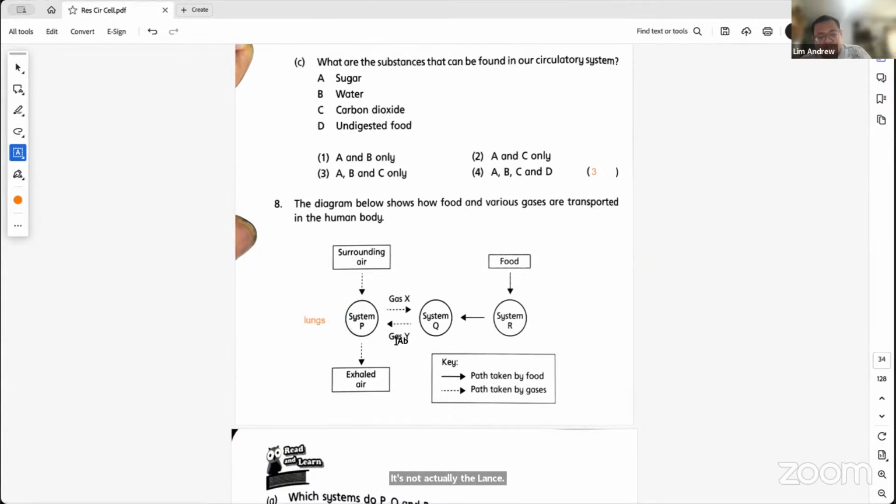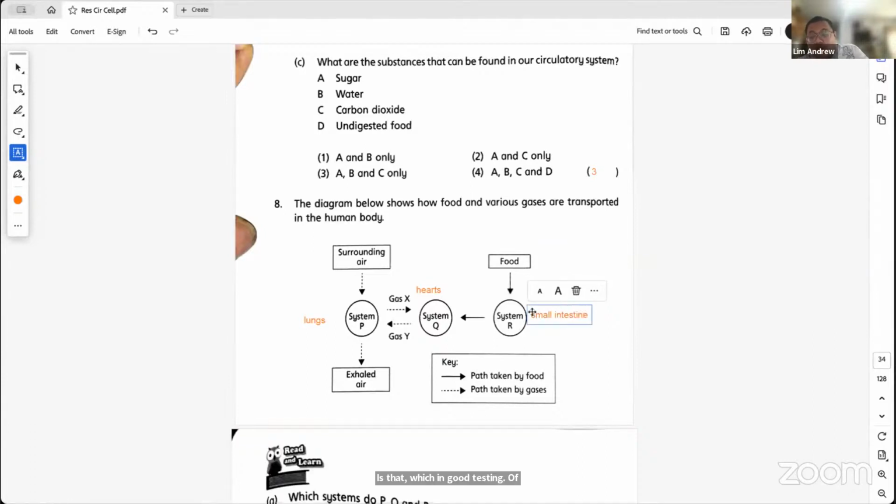All right. Then, which system actually takes the surrounding air or surrounding oxygen into the body, which is actually the heart? Which food is digested and flows together in the system? It is the digestive system, which includes the small intestine.